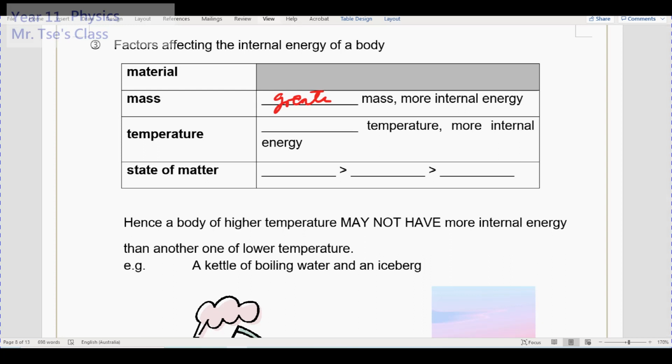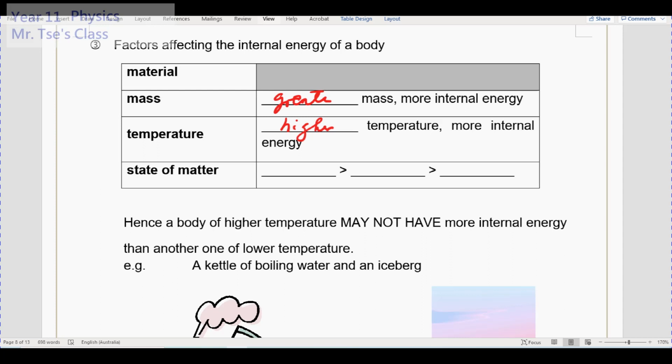Okay, and normally for a particular material, the higher the temperature, the more internal energy. For example, if you have a cup of water at 30 degrees Celsius and another cup at 50 degrees Celsius and the mass of the two cups of water are the same, then the one with 50 degrees Celsius will have higher temperature and more internal energy as well.